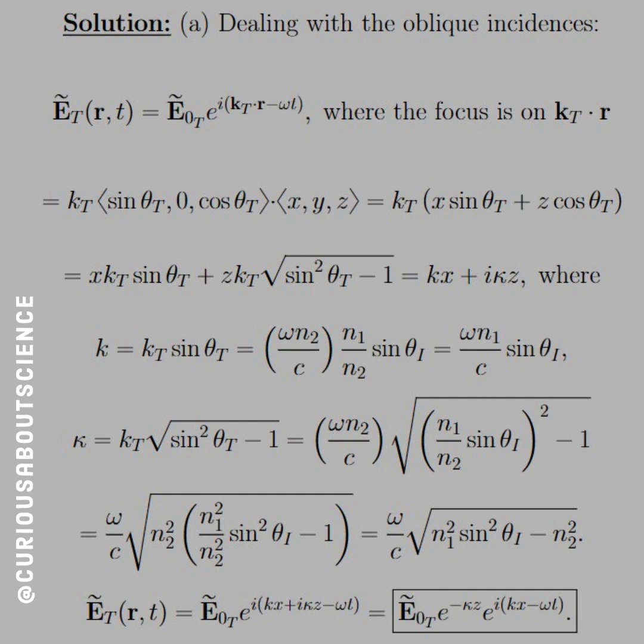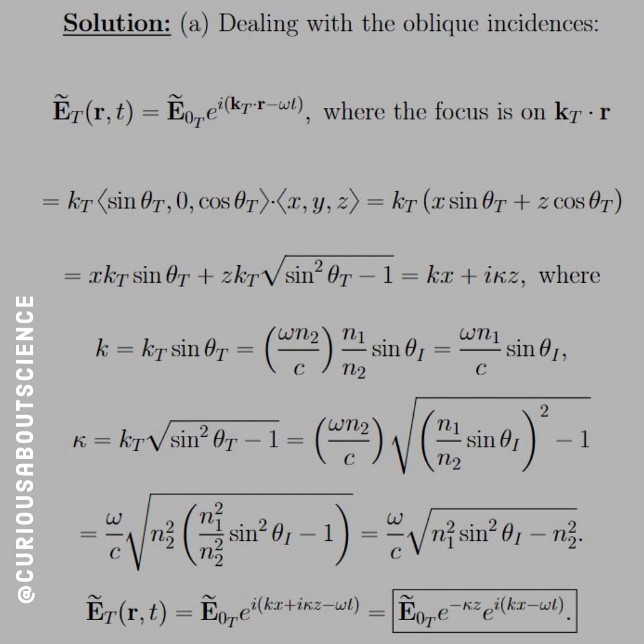Here we set up that for oblique incidence, sine theta t is the x direction and cosine theta t is the z direction, since z is the direction we're aiming at. Go back to the diagram if we're lost.